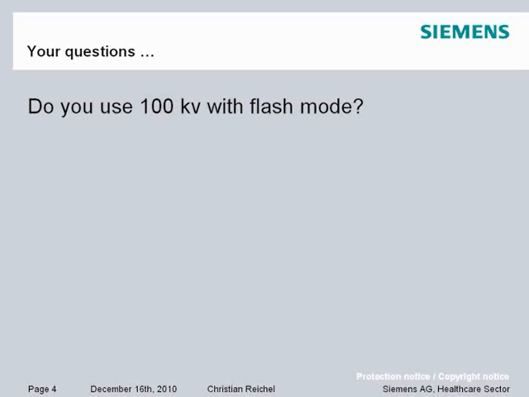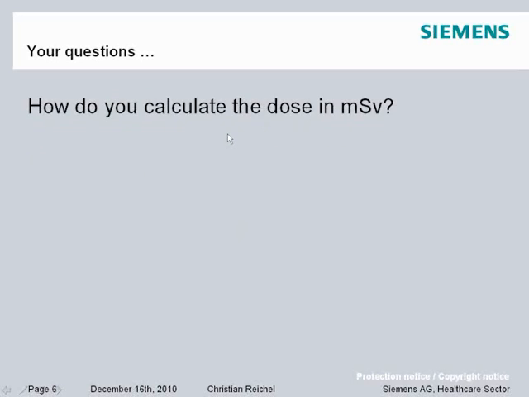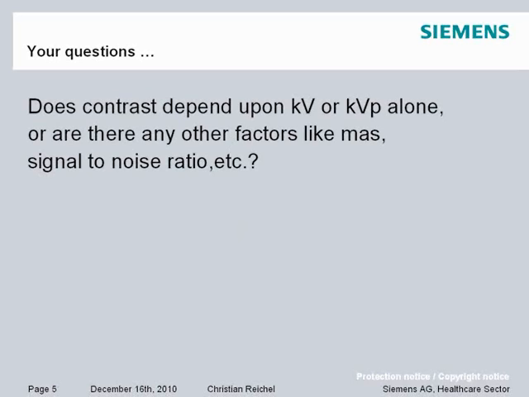Okay, thank you. Let's get to the next question. Does contrast depend upon kV or kVp alone, or are there any other factors like mAs, signal-to-noise ratio, etc.? Well, the contrast in the image will depend on the kV setting. Signal-to-noise ratio will be influenced by the body weight, and mAs will also influence image noise and therefore the signal-to-noise ratio.